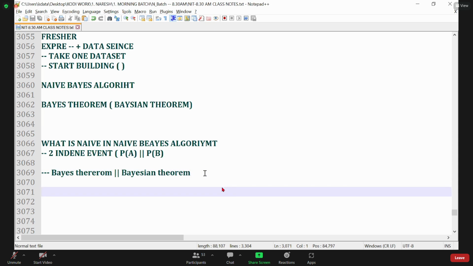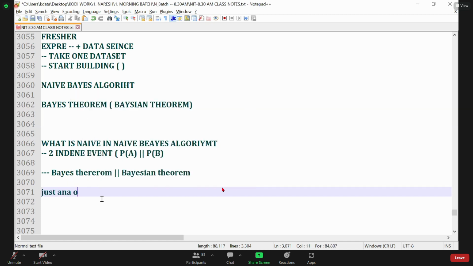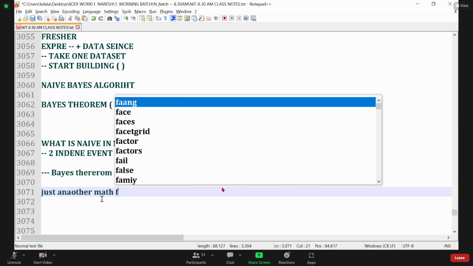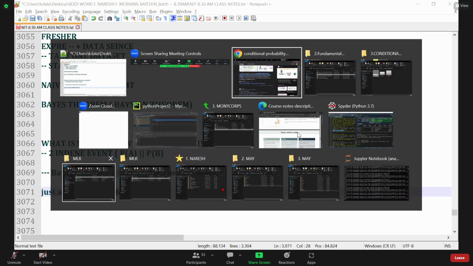I'll give you the in-depth story behind each and every algo because I researched a lot and explained it to you so everybody can digest the concept. So the Bayesian theorem is just another equation, just another math formula. And I will implement the math formula. I'll show you right now. Have a look at this.